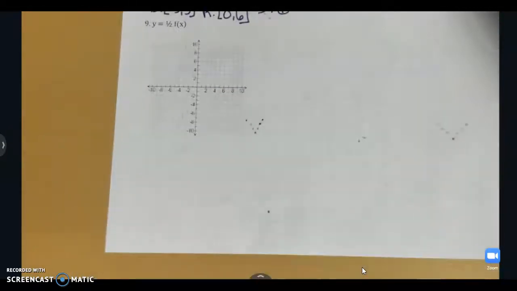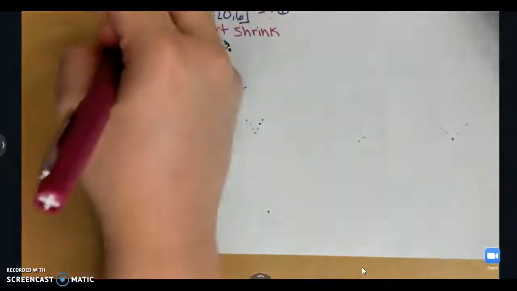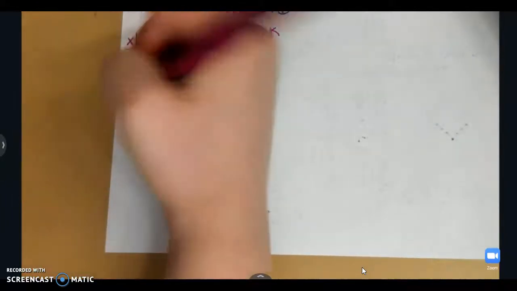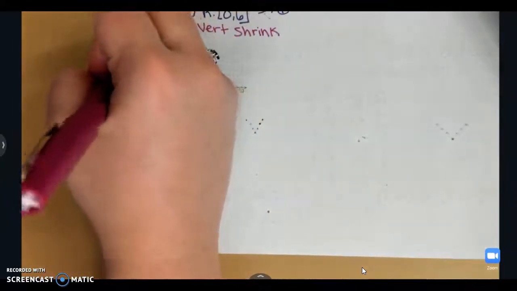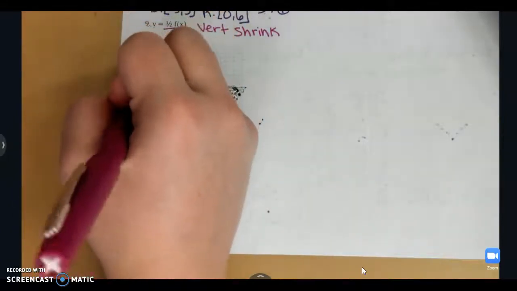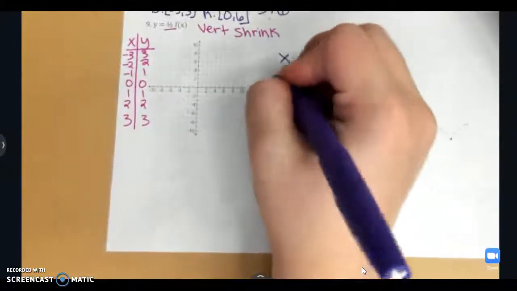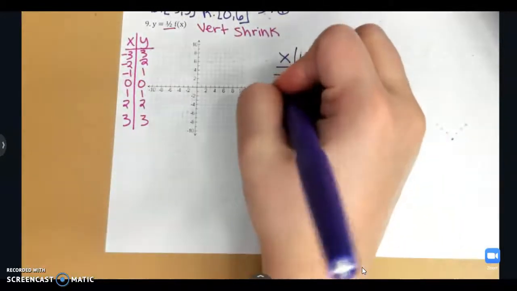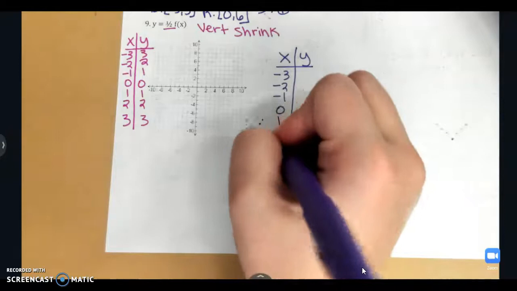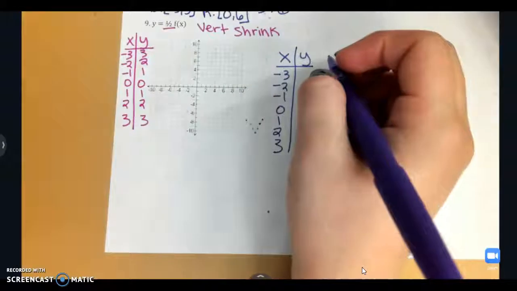And last but not least, I have this 1/2 on the outside, which means again it's going to be a vertical change. And because this number is less than 1, it's going to be a shrink. So a vertical shrink. So what I'm going to do is leave my x values the same. And I'm going to divide each of my y values by 2.